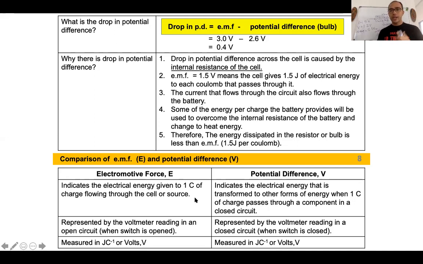But we try to avoid the word voltage, especially when we're talking about small circuits like this. We talk about electromotive force or potential difference because both have the same unit, but both are very different. Electromotive force is in an open circuit. Potential difference is in a closed circuit. Both are voltage. So I try not to use the word voltage anymore in the future.